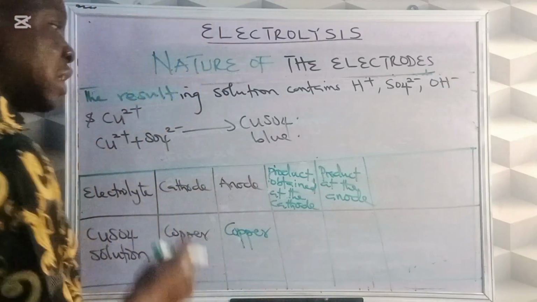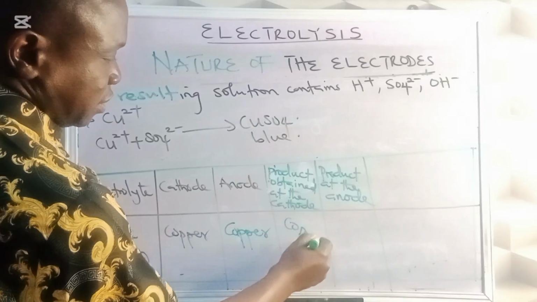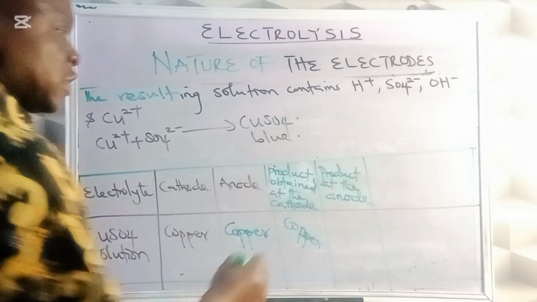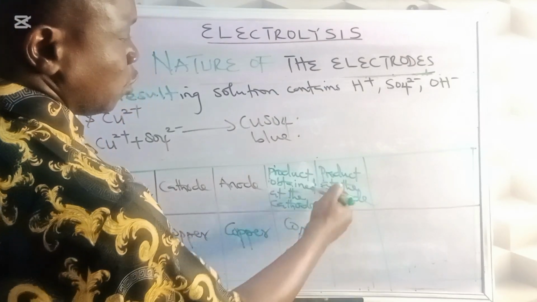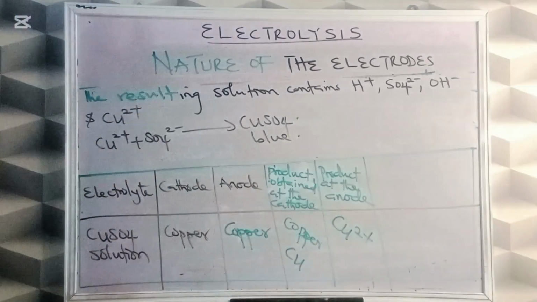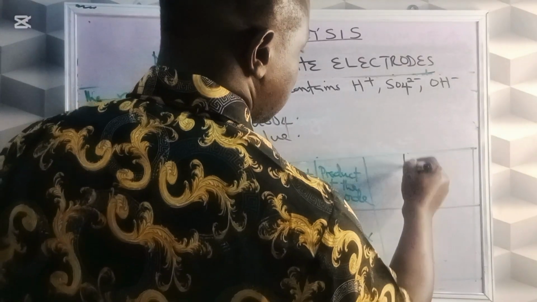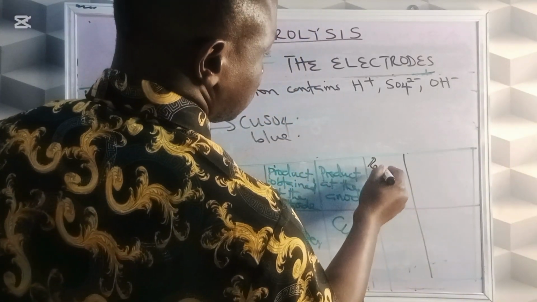So what is the product at the cathode? Copper is deposited, so you have Cu. What is the product at the anode? You have Cu2+.